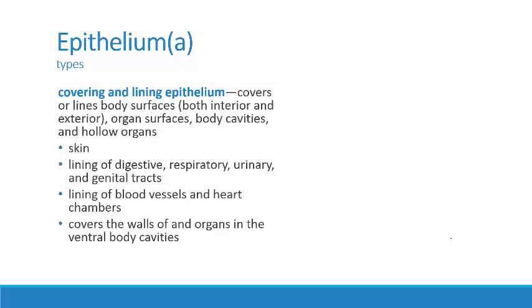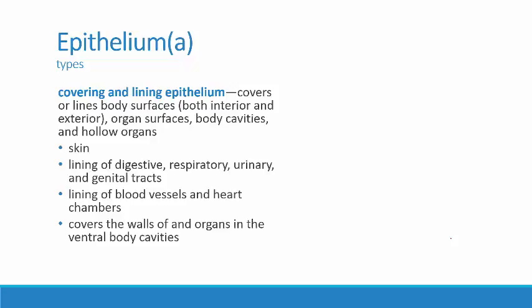Epithelia are sheets of tissue that cover or line all the body surfaces, both the interior surfaces and the exterior surfaces. They cover up the organs, so they're found as sheets that are the outermost layer of the organs of the body. They line the body cavities and line any hollow organs of the body.